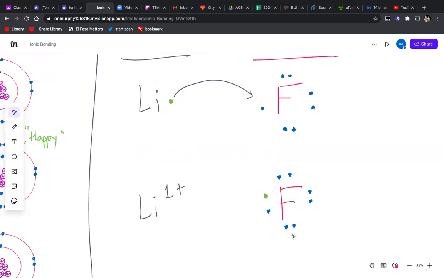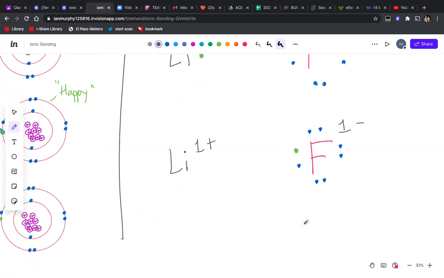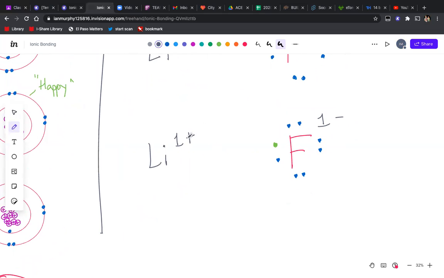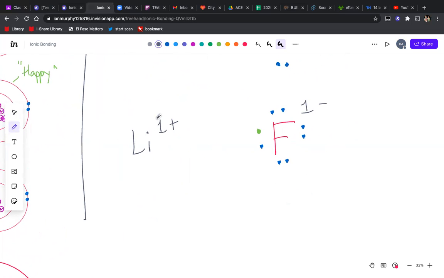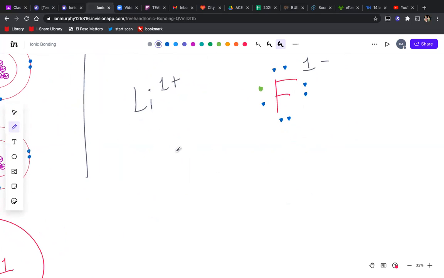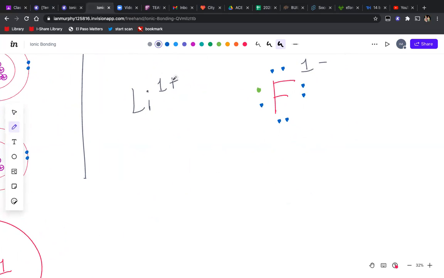And as a result of that, fluorine gains a 1 minus charge. Now, same thing, we have oppositely charged particles. Oppositely charged particles attract. And so what we have is lithium with this 1 positive charge being attracted to fluorine's, and this is actually the fluoride ion, but again, we'll get to names later. It's attracted to fluoride's 1 minus charge. And again, what we end up forming is LiF.